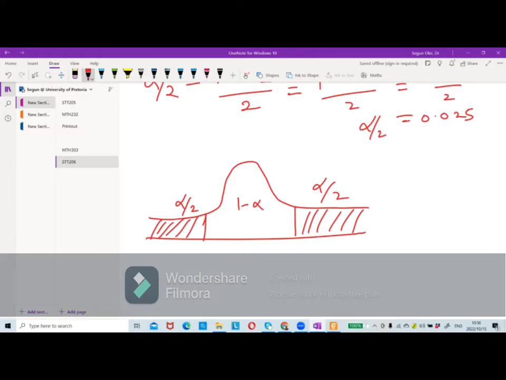Our T is V, comma, alpha over 2. That is tabulated. This is what we call T tabulated. Now, we know our V to be 19. Okay, T19, comma, 0.025.